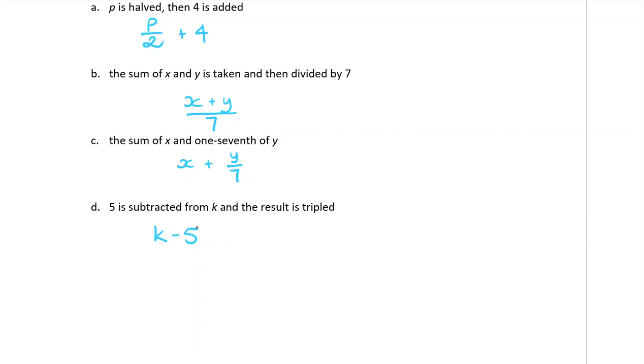What does tripled mean? Now, can I put a 3 next to the 5? No. I have to times all of it, not just the 5. I have to times all of it by 3. How do I make it do all of it? No, that's only the 5. I need all of it. Yes, brackets.